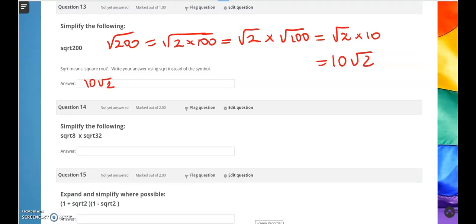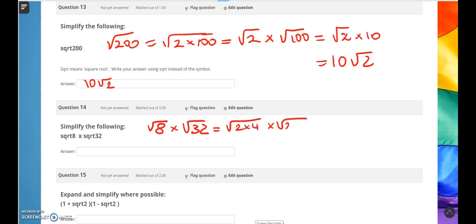In question number 14, we've got to simplify square root of 8 times square root of 32. So we can rewrite square root of 8 as square root of 2 times 4, and square root of 32 as 2 times 16.